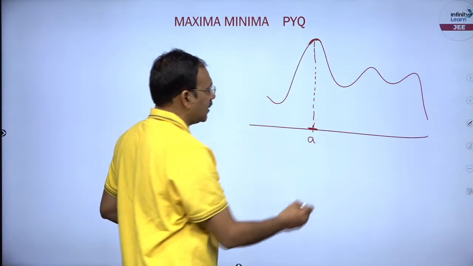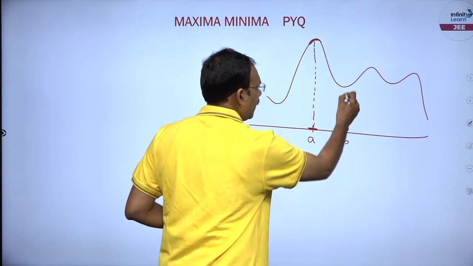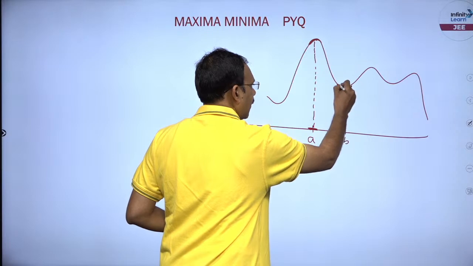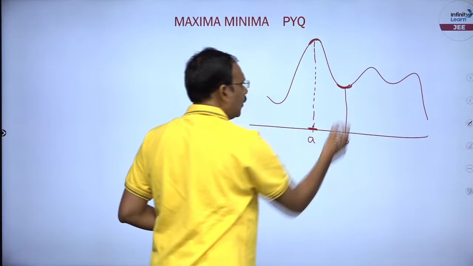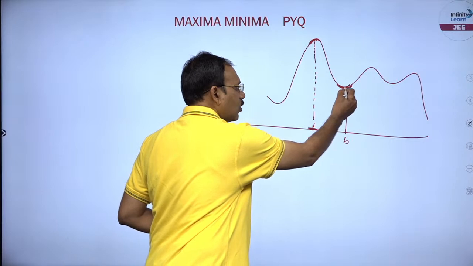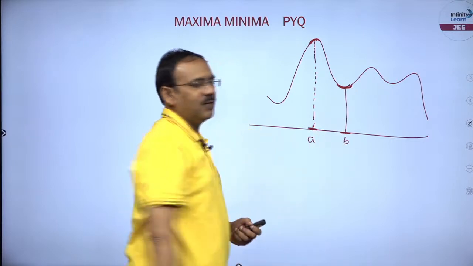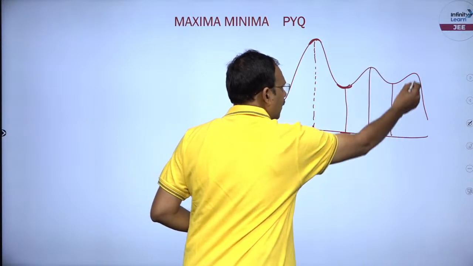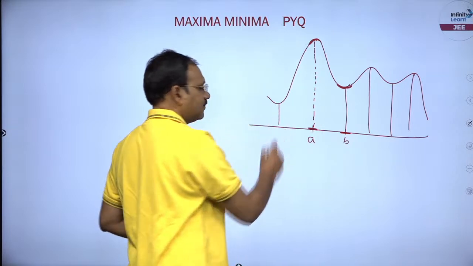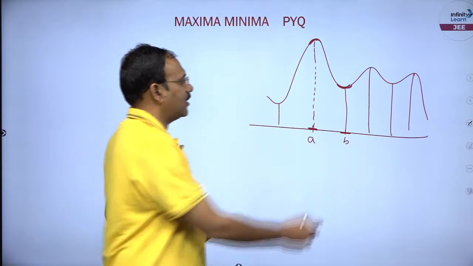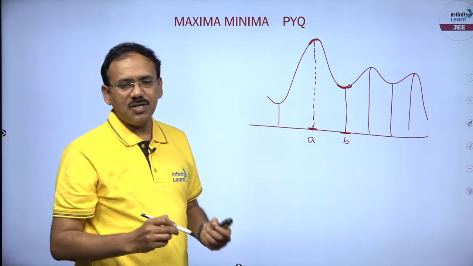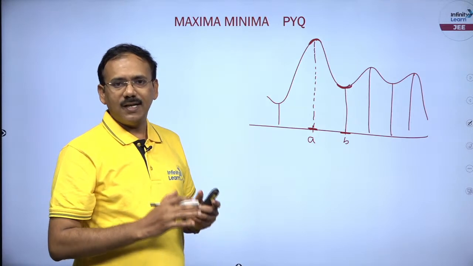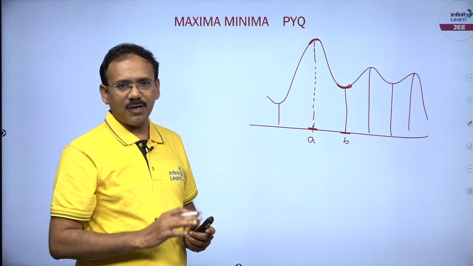And suppose this is the point B, here this function is going to take local minima, because it is going to be minimum in the surroundings of B. Similarly here it will have local maxima, local minima, local maxima, local minima. One important point is, the local minima of a function need not be the minimum value of the function in the given interval. It need not be the minimum value, that is a very, very important point.